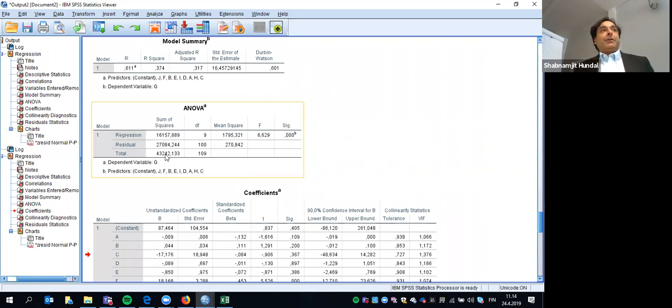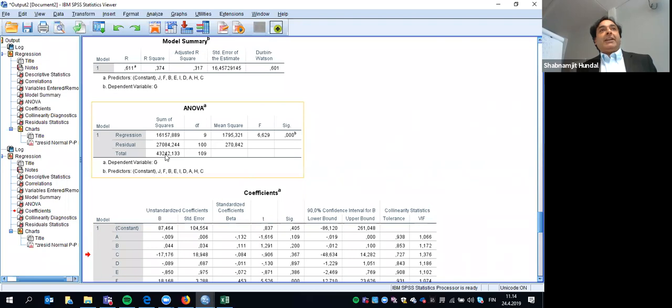But that's not the point. The point I want to prove is that how much variation in the dependent variable is explained by the independent variables. You know, that's our purpose. Why we take so many independent variables in this model? Because we want to test them.